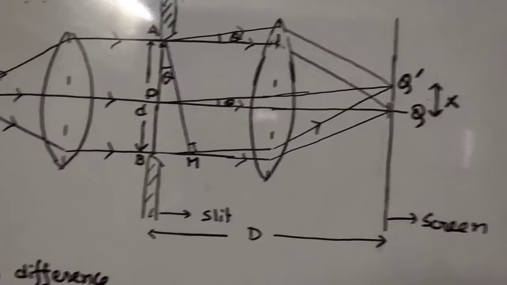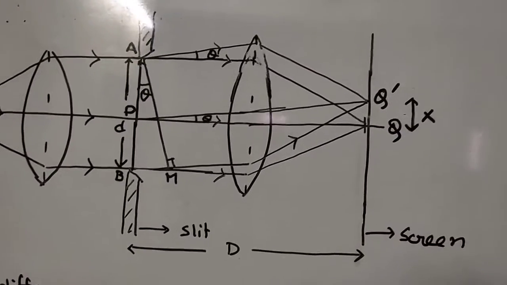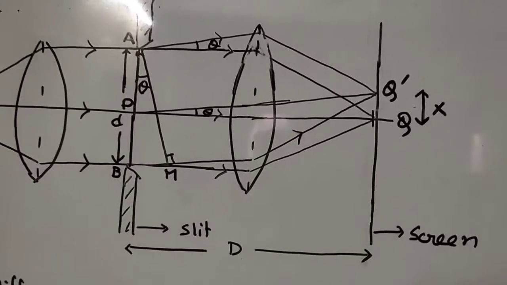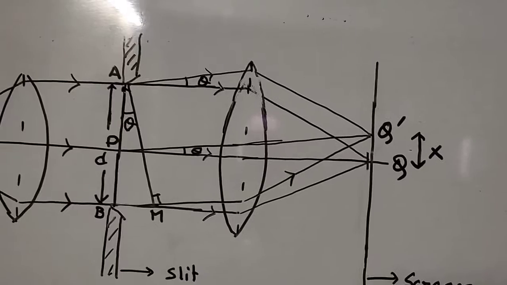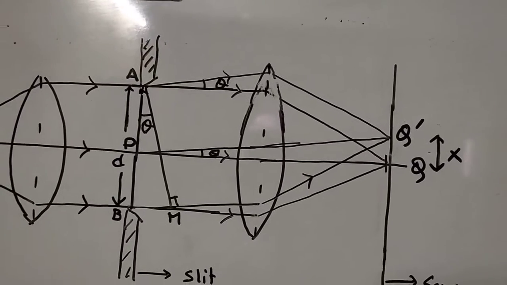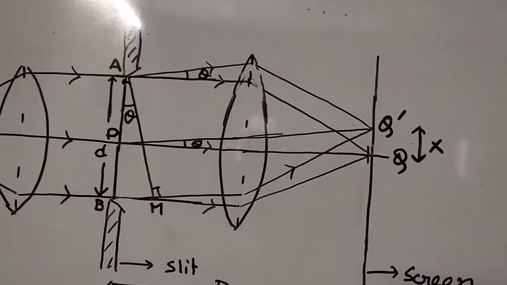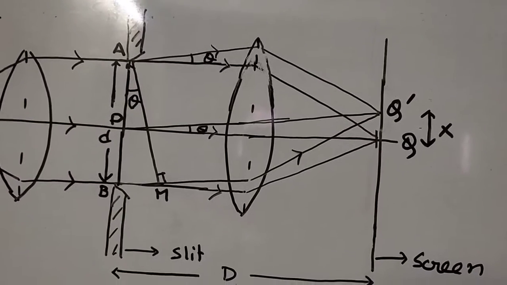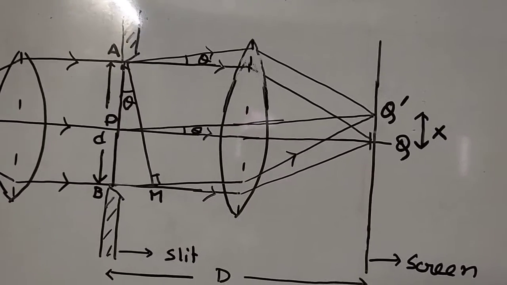Rather, the path length BQ dash is greater than that of AQ dash. So the difference in length is nothing but your BM. So we have dropped a perpendicular from A, and BM is the extra path that is travelled by the rays when they intersect at Q dash. So the path difference between the extreme two rays is BM.